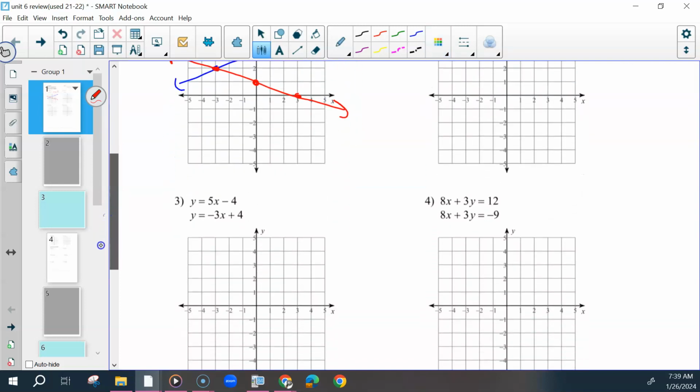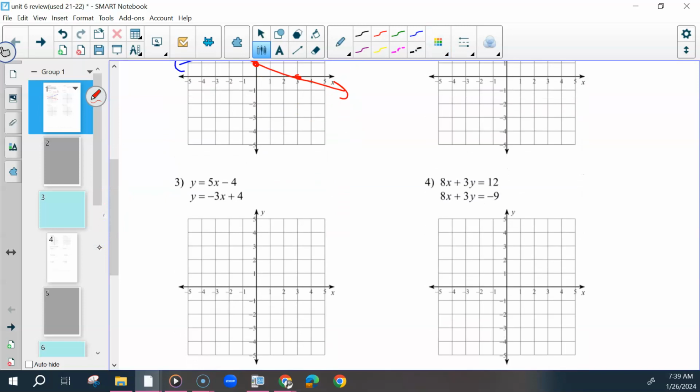For number 4, you have to solve both equations, get them in y equals mx plus b before you can graph it. I'm going to do this simultaneously. Subtract 8x from both sides, and divide everything by 3.